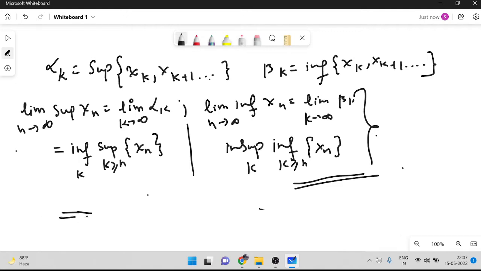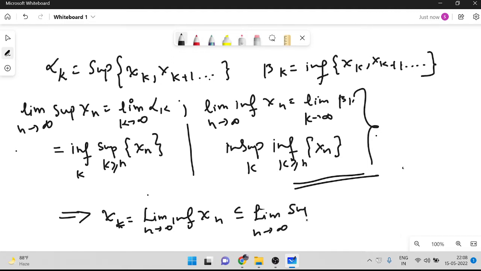So by the definitions, you know that x star, which is equal to limit n tends to infinity of infimum of xn, is less than or equal to limit n tends to infinity of supremum of xn.